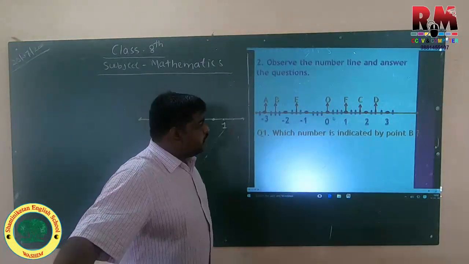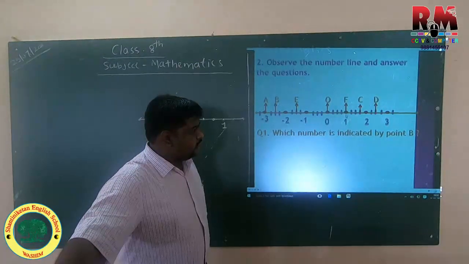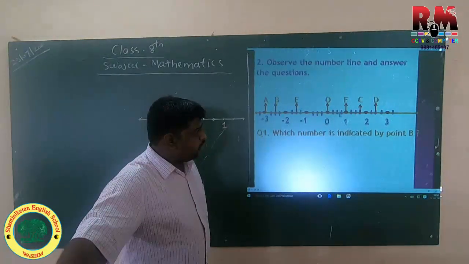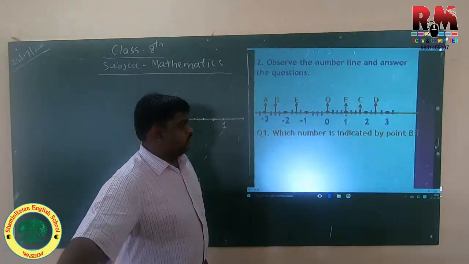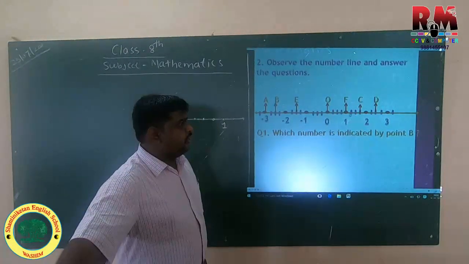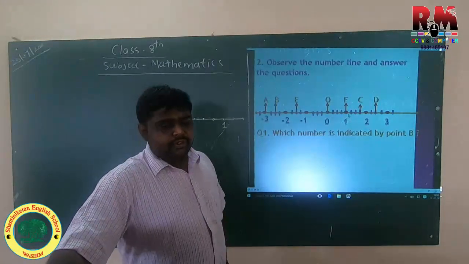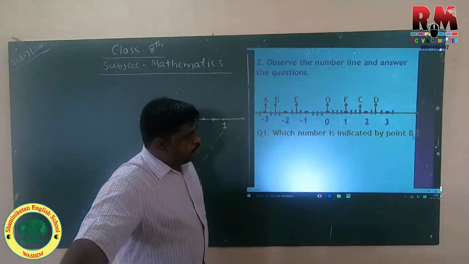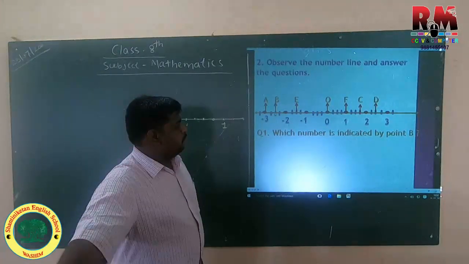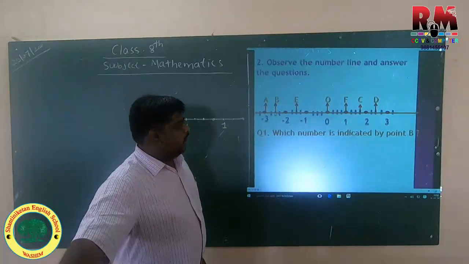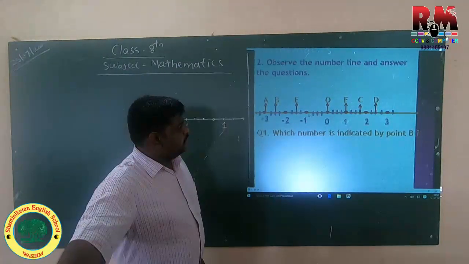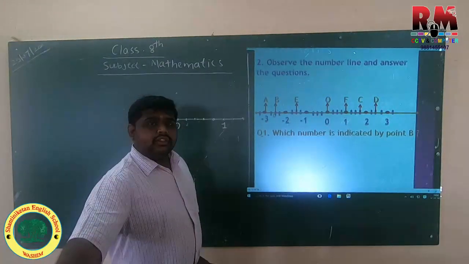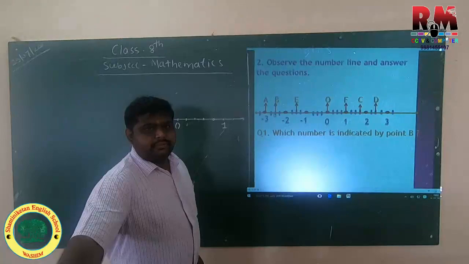Now consider the unit distance 0 to 1. It is divided into 4 equal parts: 1, 2, 3, 4. So the denominator is 4. Now where is point B? Point B is on the left side of the 0, and counting 1, 2, 3, 4, 5, 6, 7, 8, 9, 10, it is the 10th dot on the left side of the 0.